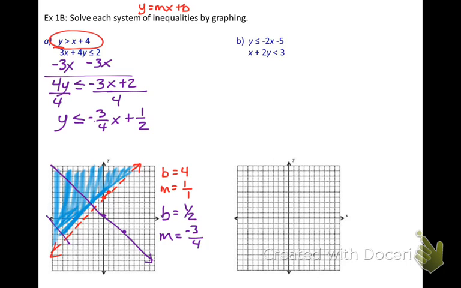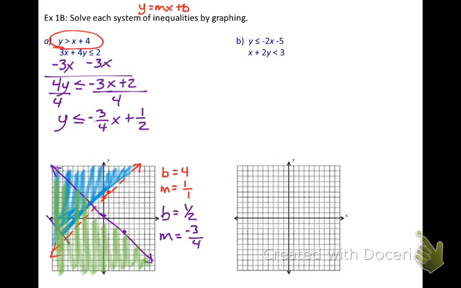I would like you to use a ruler to do your work. And then we're going to graph it, and it says less than. So I'm taking a different color highlighter. You're going to highlight that.